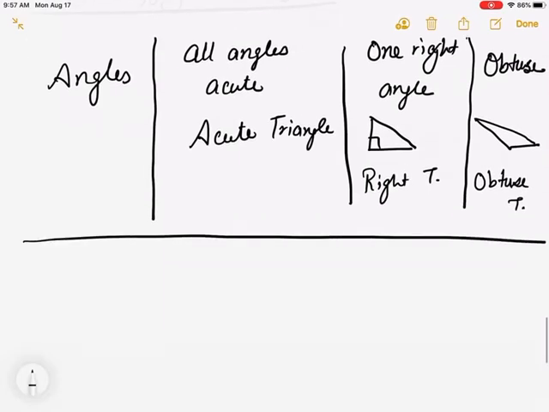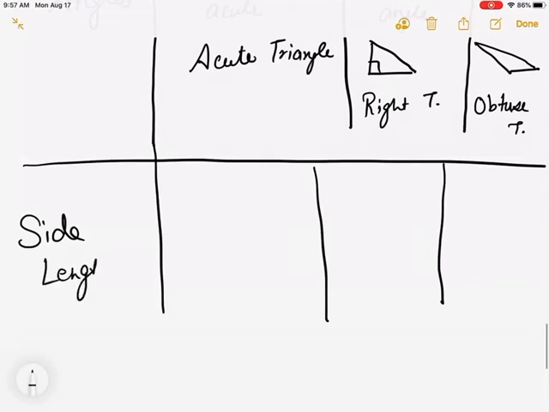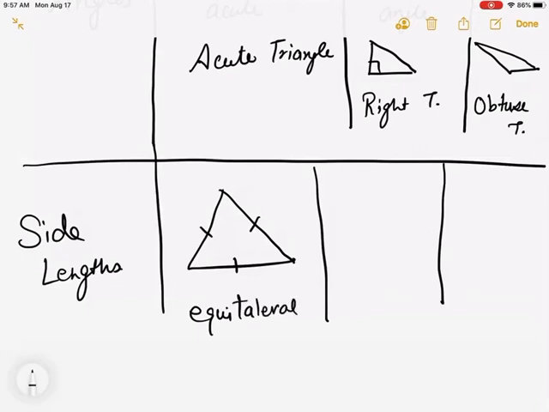Now, the other one is based off side lengths. If all three sides are the same, it's called an equilateral triangle.